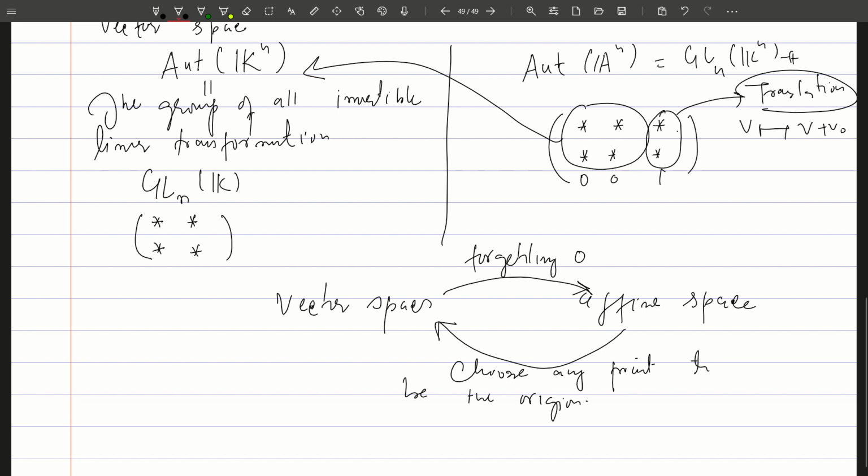So what do we do now? For an affine space, we are just worried about the points in the space.